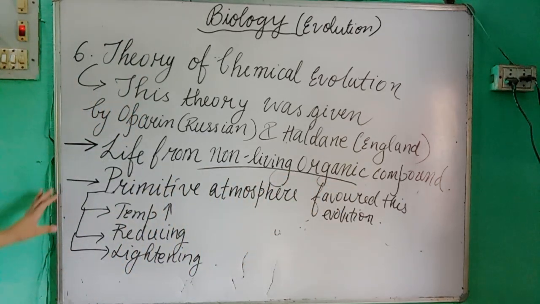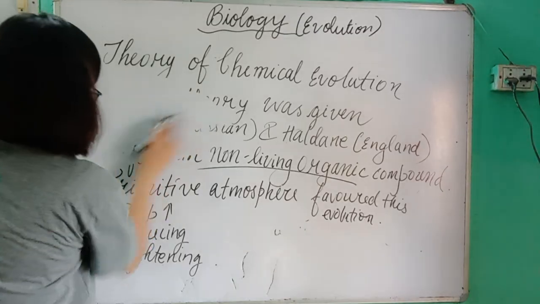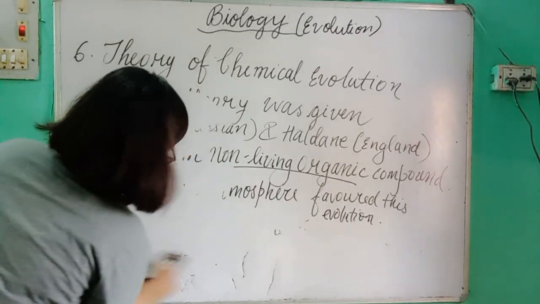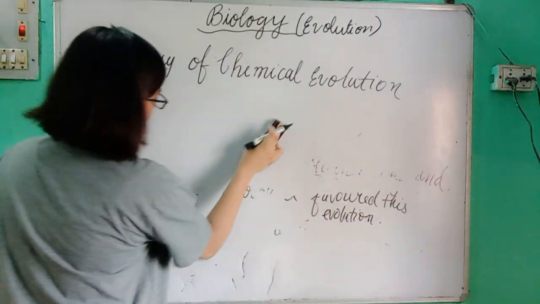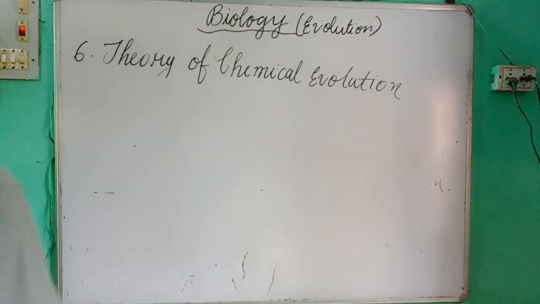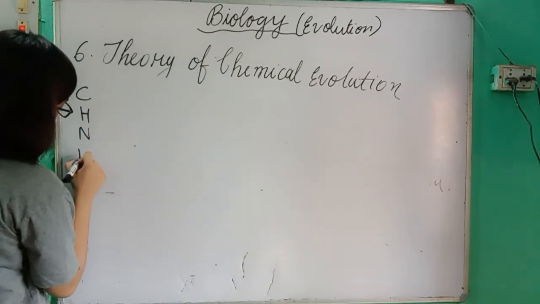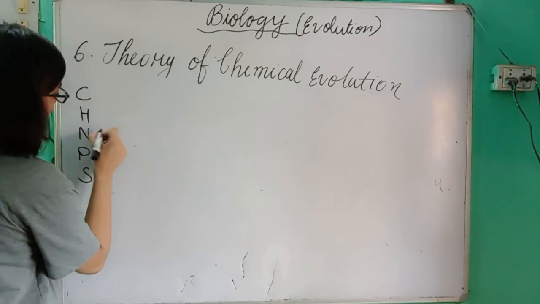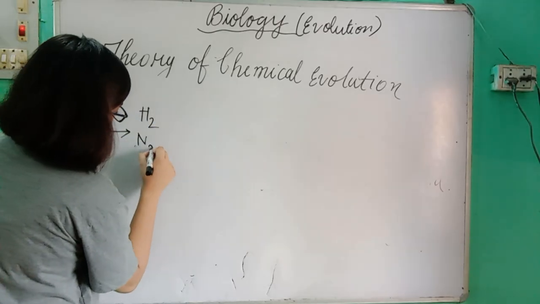Now, let us see how, according to them, evolution took place. It was in the order carbon, hydrogen, nitrogen, phosphorus, sulfur, which gave rise to hydrogen gas and nitrogen gas.